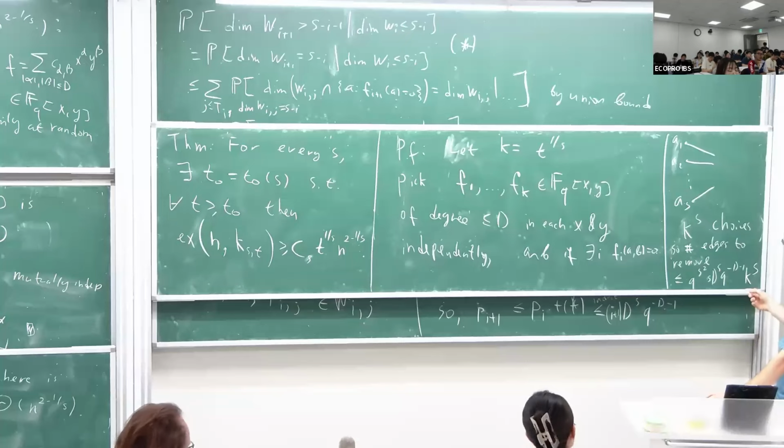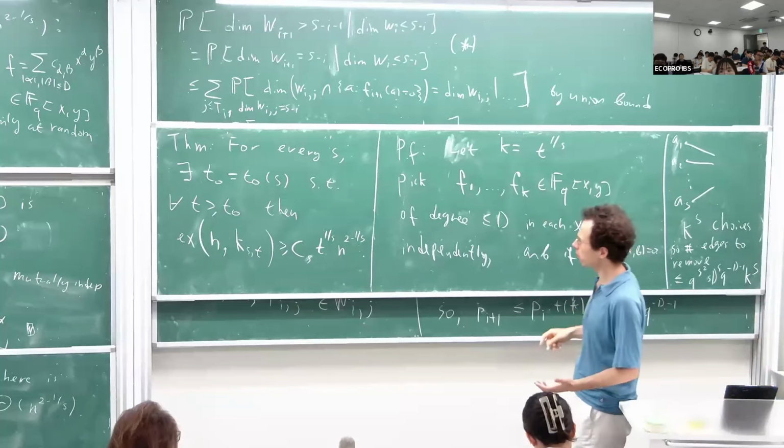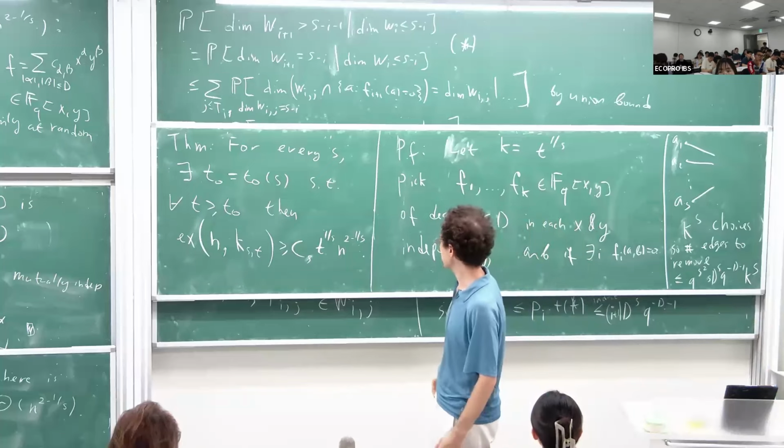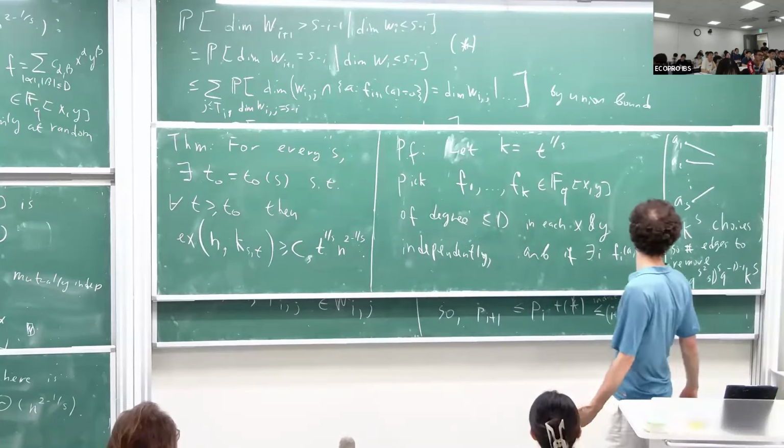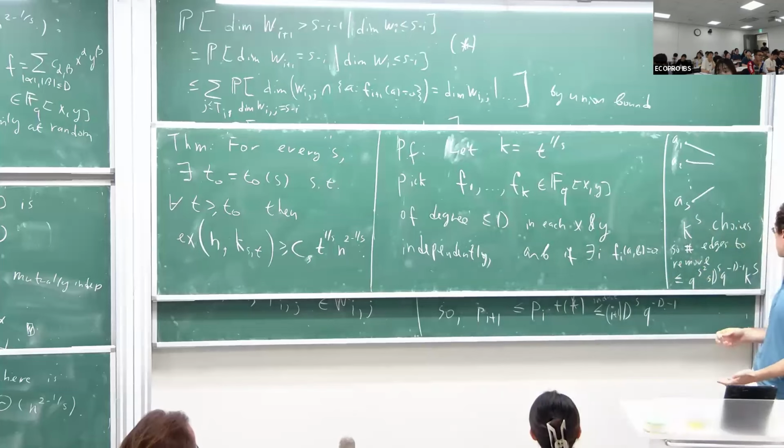But this is tiny because my K is no more than q. So I'm multiplying by at most q to the s squared, and my d was already 2 times s squared. It will still kill it. This is so tiny that even if I multiply by this, it's still tiny. Okay.